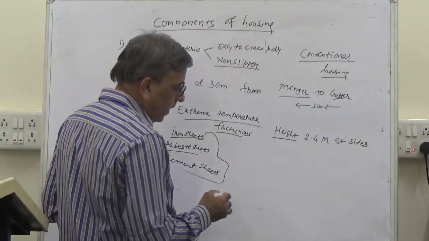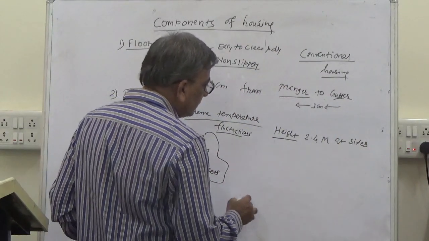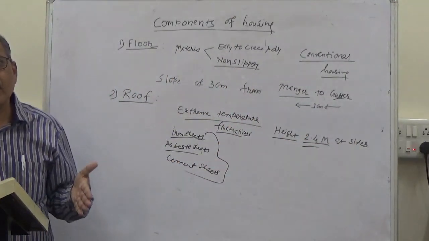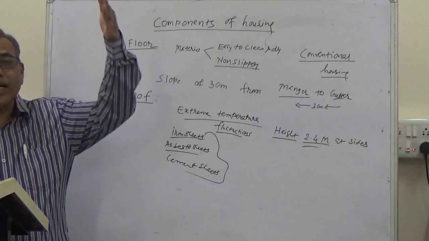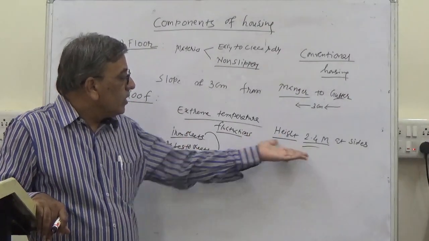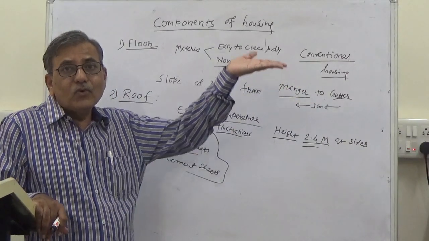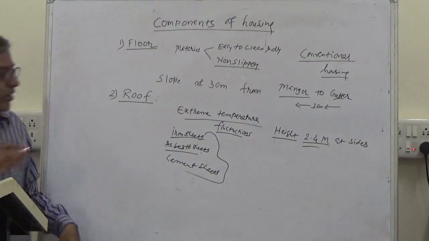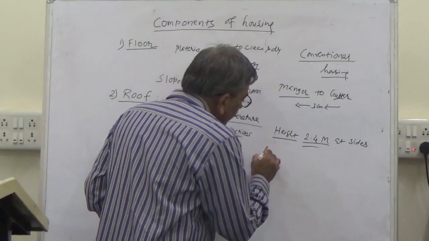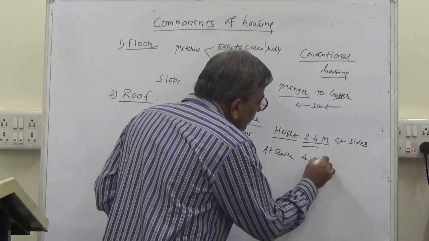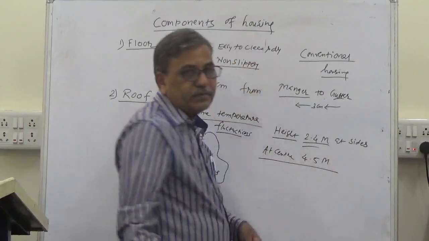Means at the external walls, from the wall, the height of the roof, the material of the roof should be 2.4 meters. Then at the center, it should be 4.5 meters at center.